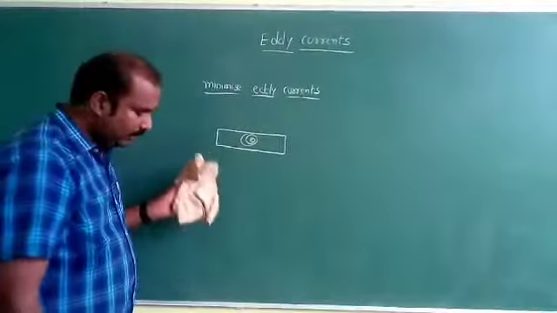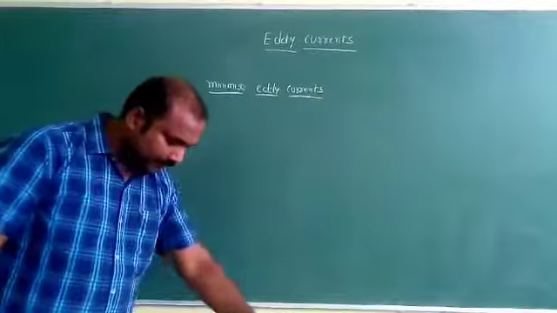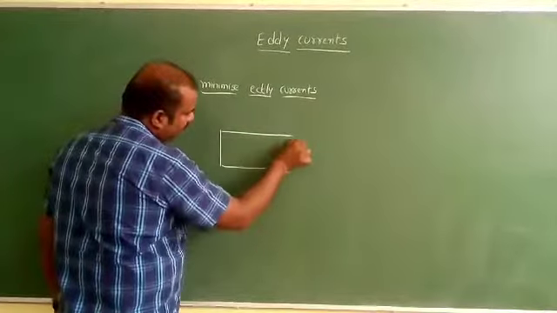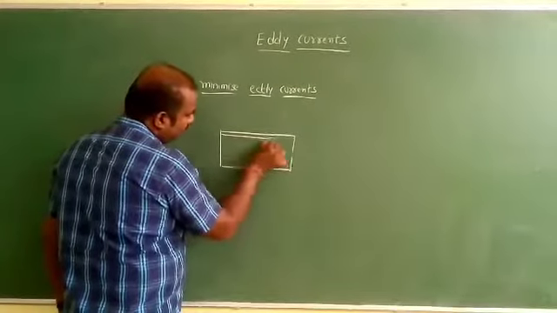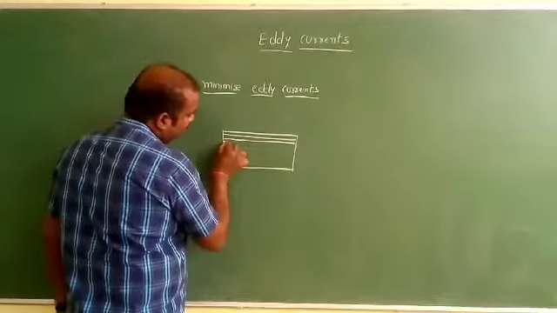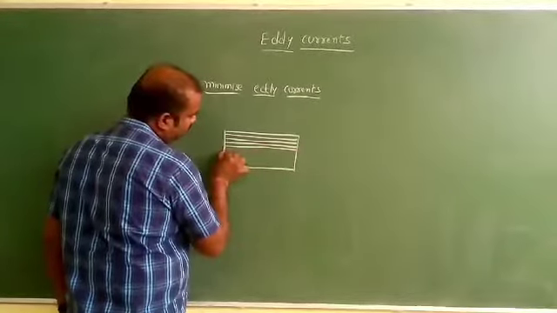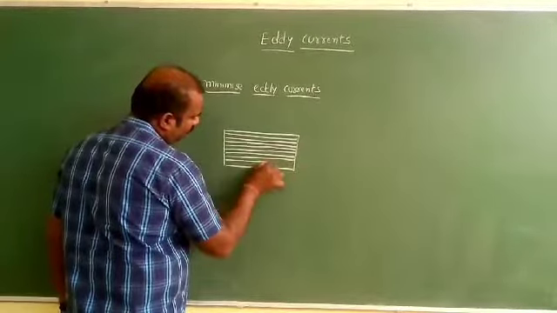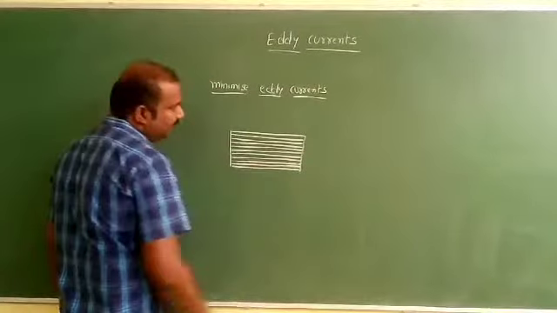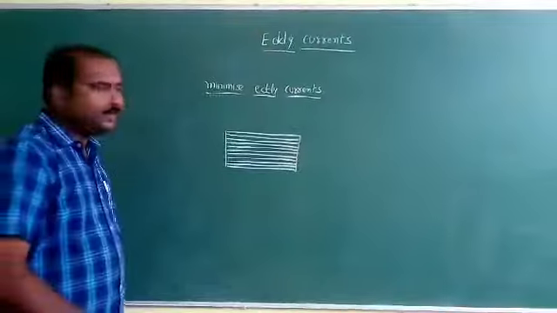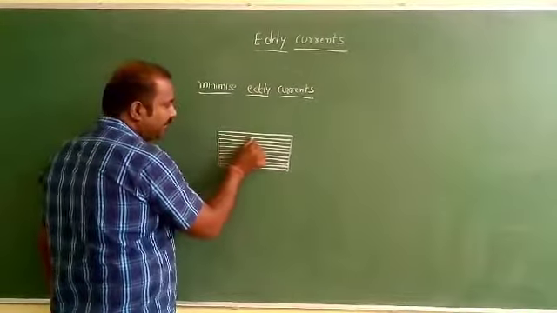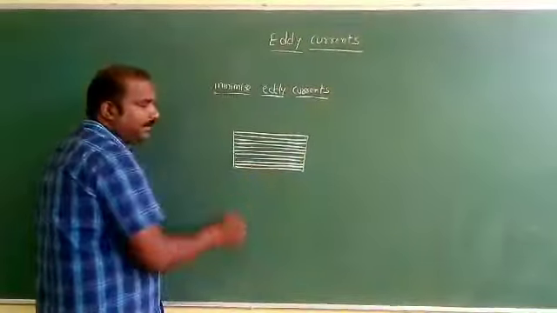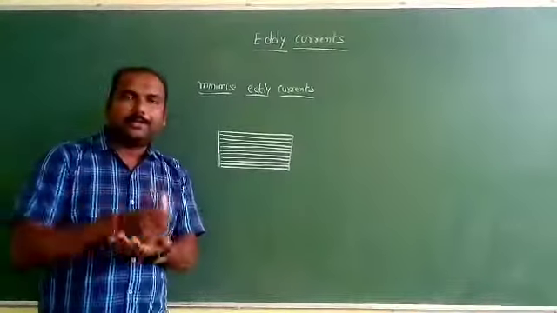But in place of a single block, if I use a number of parts, a number of blocks placed one by one, like this, number of parallel plates, between the parallel plates a laminated core is pasted. At each and every part, a laminated core is pasted.